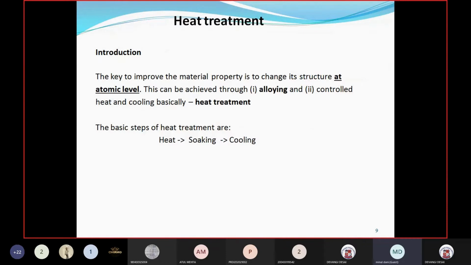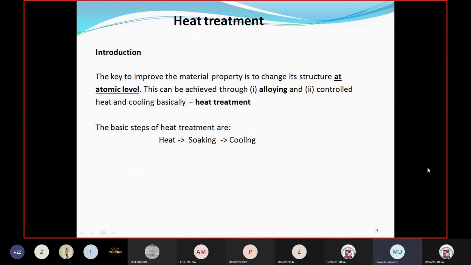So coming to the heat treatment of steel, basically for that you should remember this iron carbon diagram, which I just now explained up to 2% of carbon. The main aim or focus of heat treatment is to enhance the mechanical property. By different heat treatments with the same material, you can enhance the property because of change in the phase.